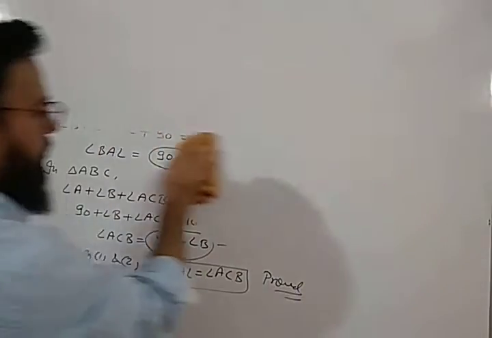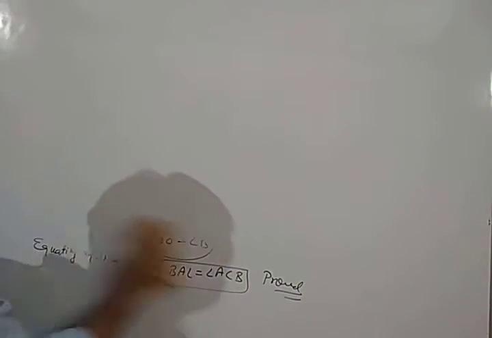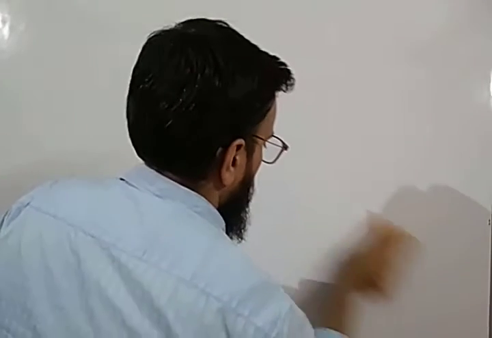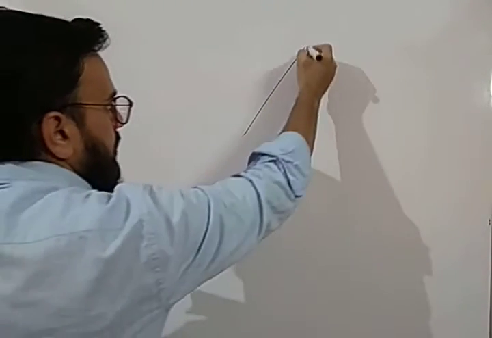Now we are coming to one of the most important questions of triangle, which is asked most of the times in the exams also. That question I am going to tell you. You have given a figure, draw the figure first.